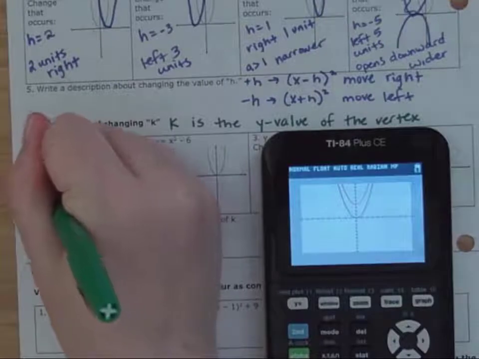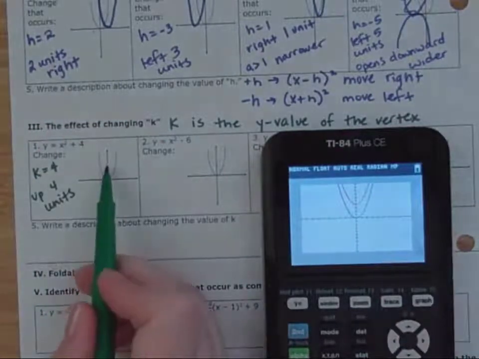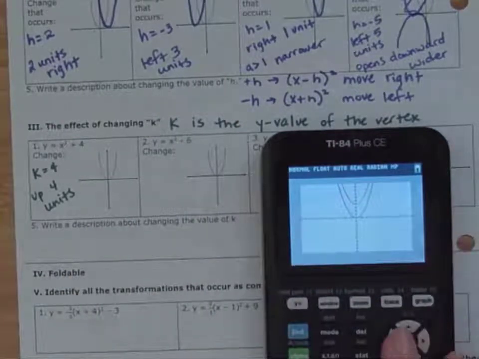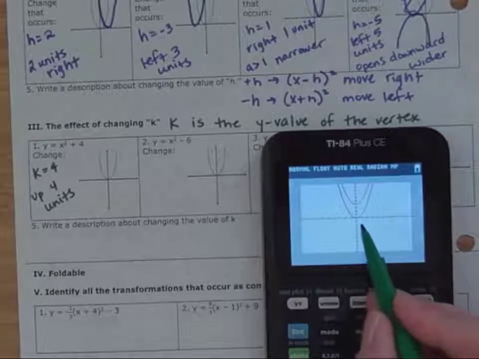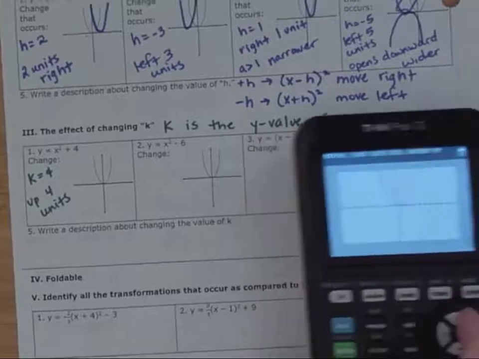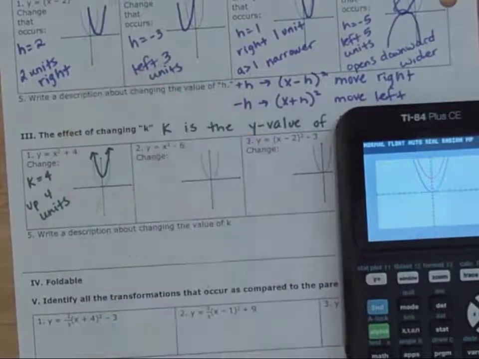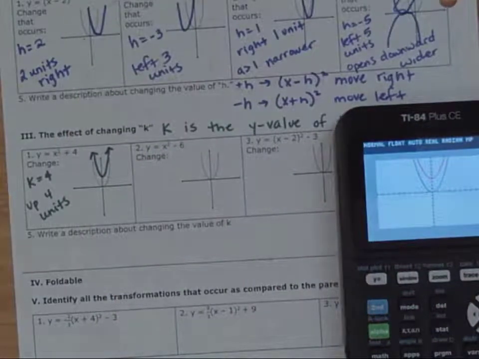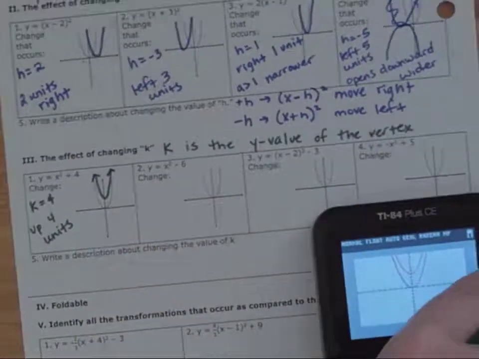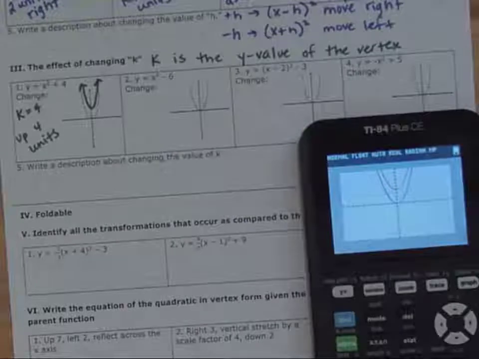Now here it looks like it's wider, but it's not actually wider. Remember when we talked about the parent function, over 1, up 1, over 2, up 4, you would find the same here when we're comparing it to the parent function. Okay, so using that, think about how we would see changes for the next 3. You can pause the video and then come back and look for the answers.